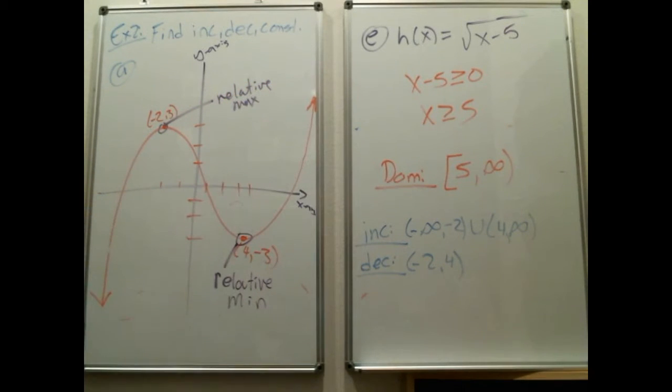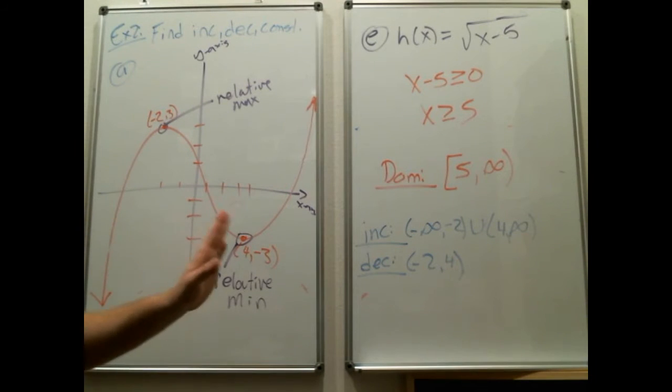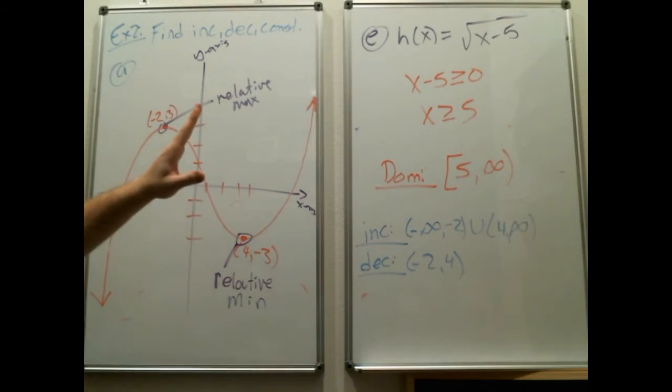Alright. So on the exam, they may ask you about relative max and mins. You just need to know that. They'll word it a little differently than you may have seen previously.